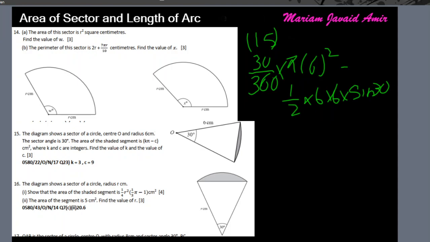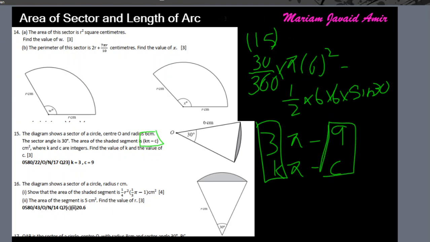We have to give the answer in terms of k pi minus c, so don't substitute the value of pi in the calculator. 30 over 360 into 36 is 3 pi, and 0.5 times 6 times 6 times sine 30 is 9. So we get 3 pi minus 9, which equals k pi minus c. So k equals 3 and c equals 9.